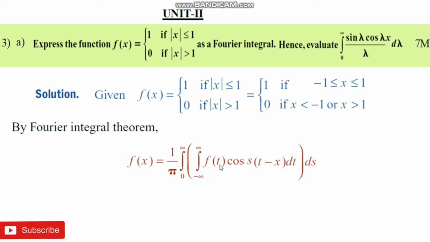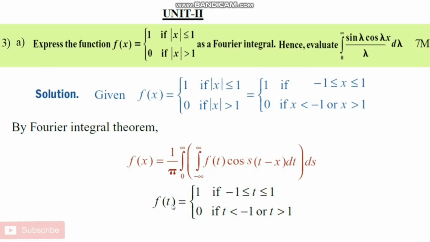The integrand contains f of t, so we need to write f of t. X is replaced with t directly in this function. We have 1 when t lies between -1 and +1, and 0 when t is less than -1 or t is greater than 1.